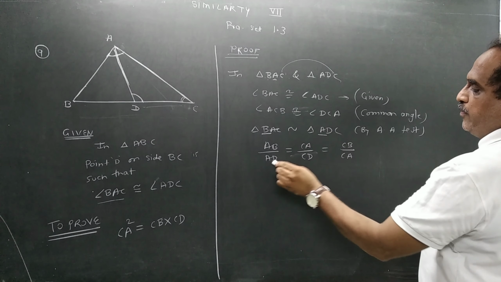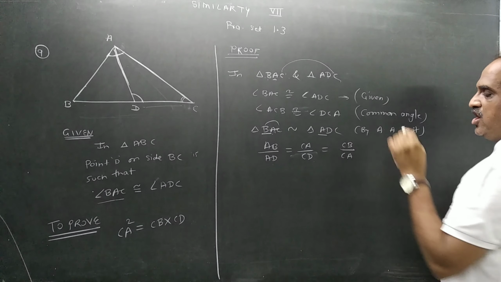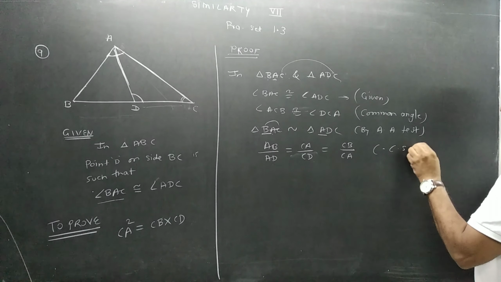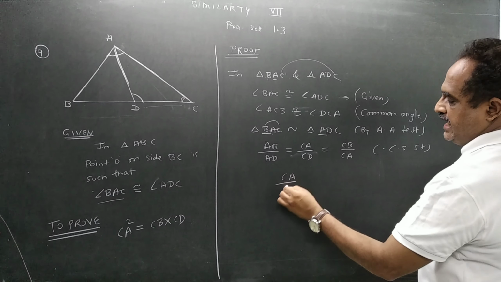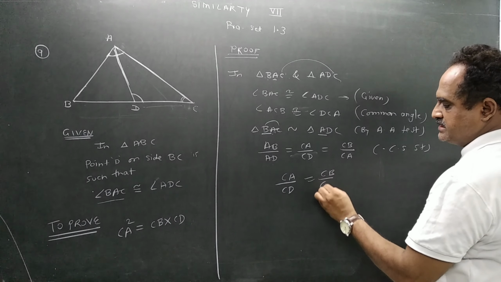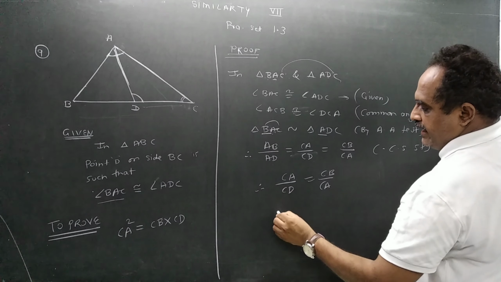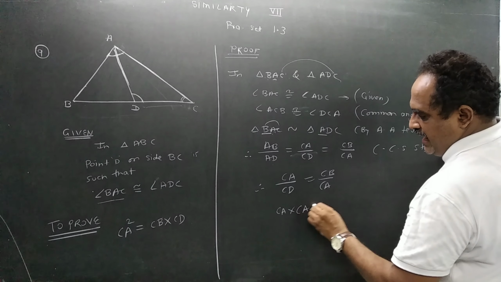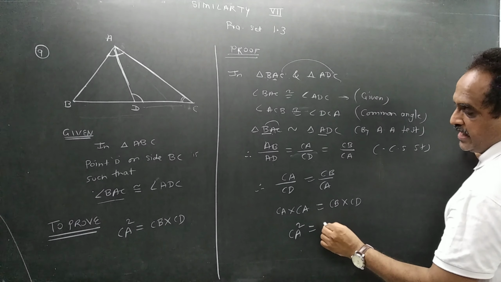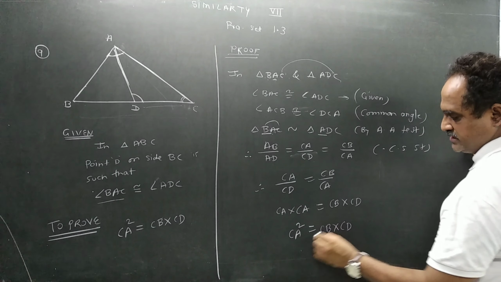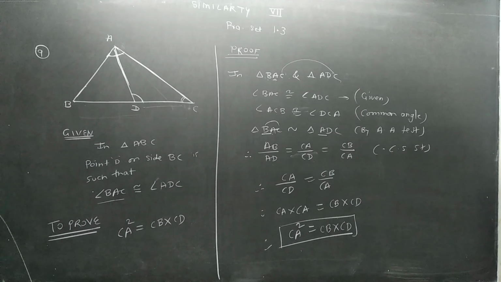See, AB upon AD, AC की जगह मतलब CA upon CD, और लास्ट में क्या रहेगा BC और AC. Reason: CPCT, but you want this part only, so I will take it once again. CA upon CD is equal to CB upon CA. If I cross multiply it, put therefore sign, CA into CA is equal to CB into CD. So ultimately, CA square is equal to CB into CD is the final answer, final proof. Copy down the list.